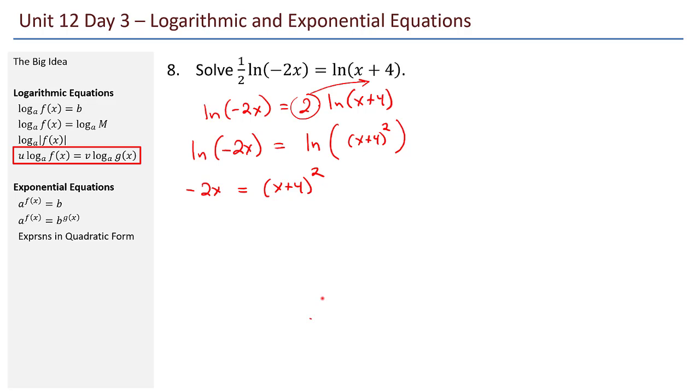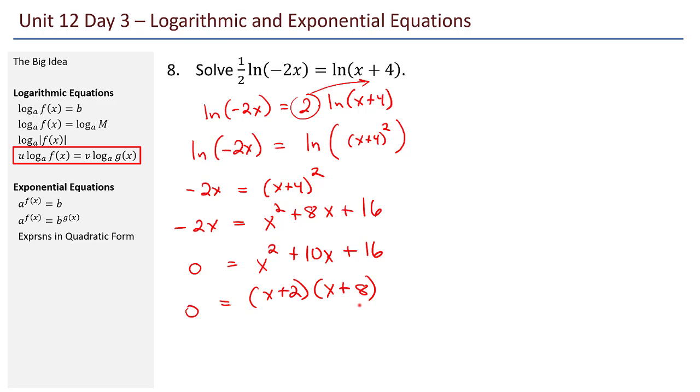Let me expand the square. And then I'll add 2x to both sides. And then hopefully this thing factors, and yes it does. This problem was cooked up so that it would factor nicely. So it looks like maybe my solutions are x equals negative 2 or x equals negative 8.